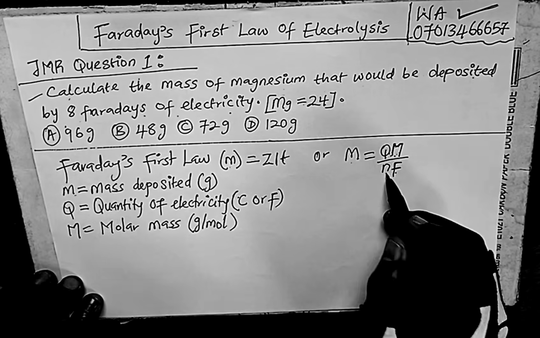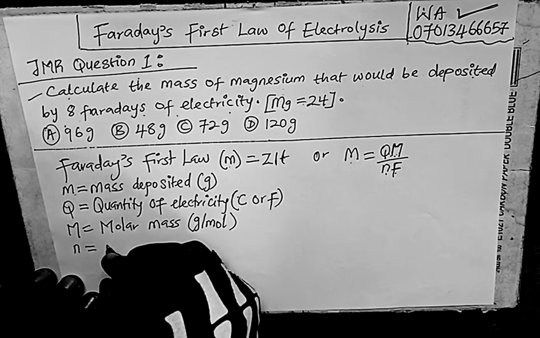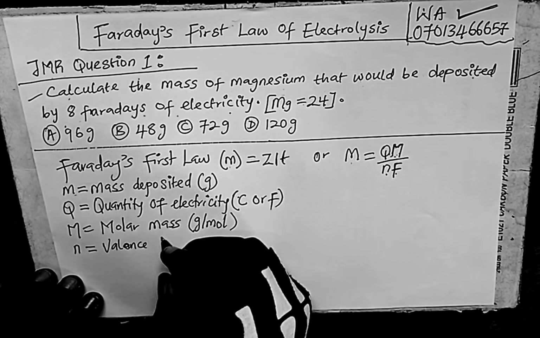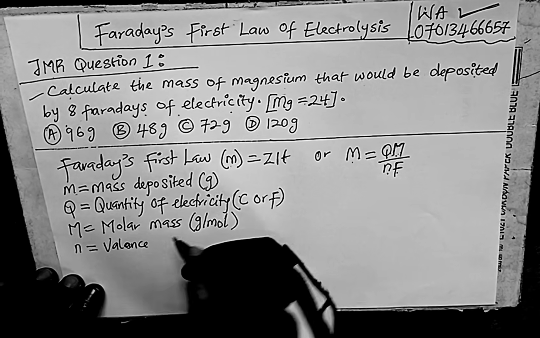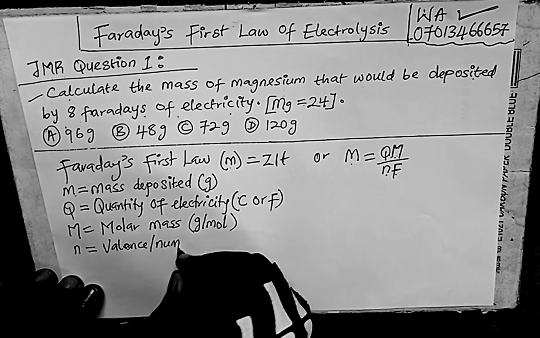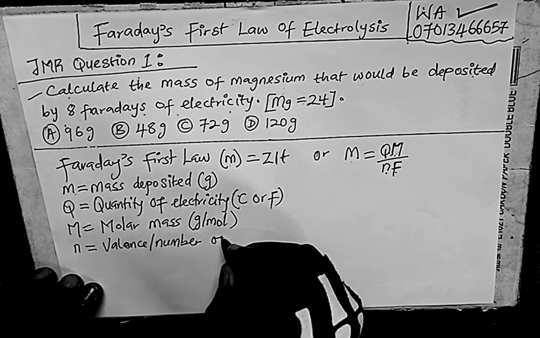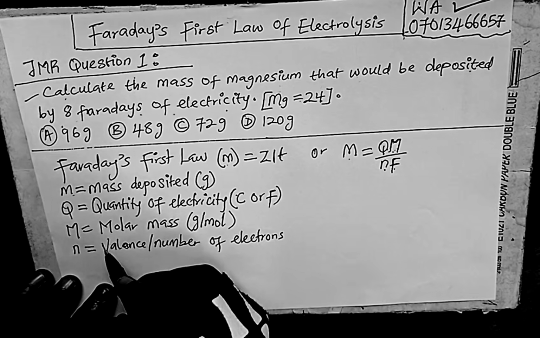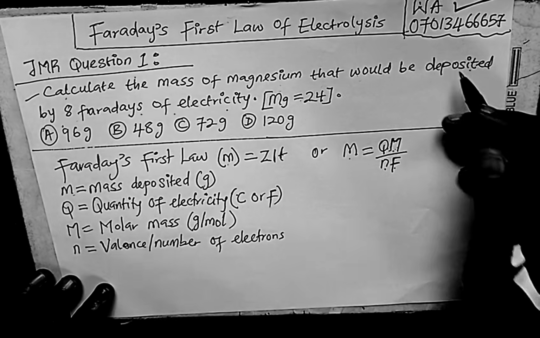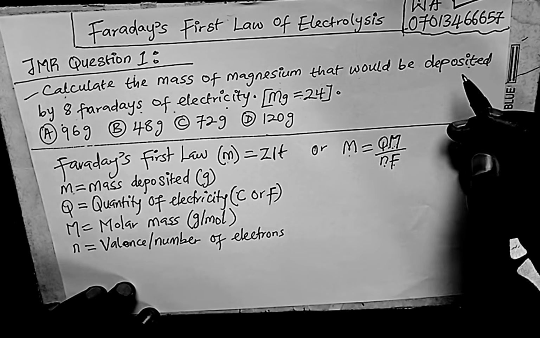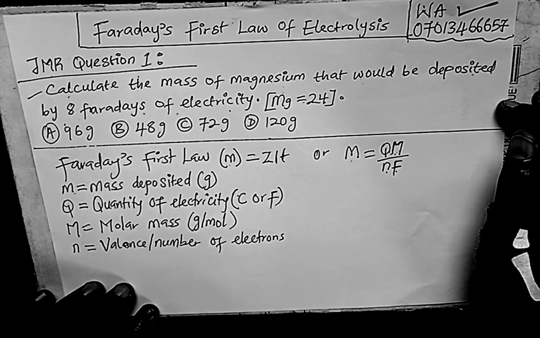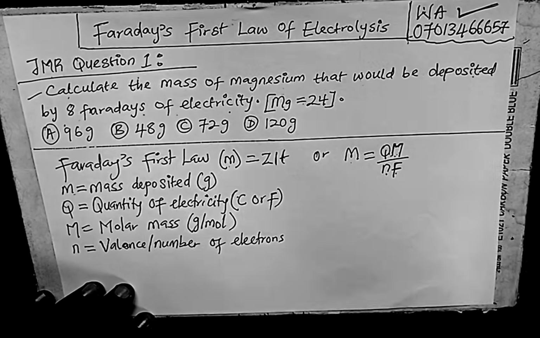Then we have n, which represents the valency, or number of electrons discharged by the element or metal. That electron is usually the valence electron, found in the outermost shell of that element.